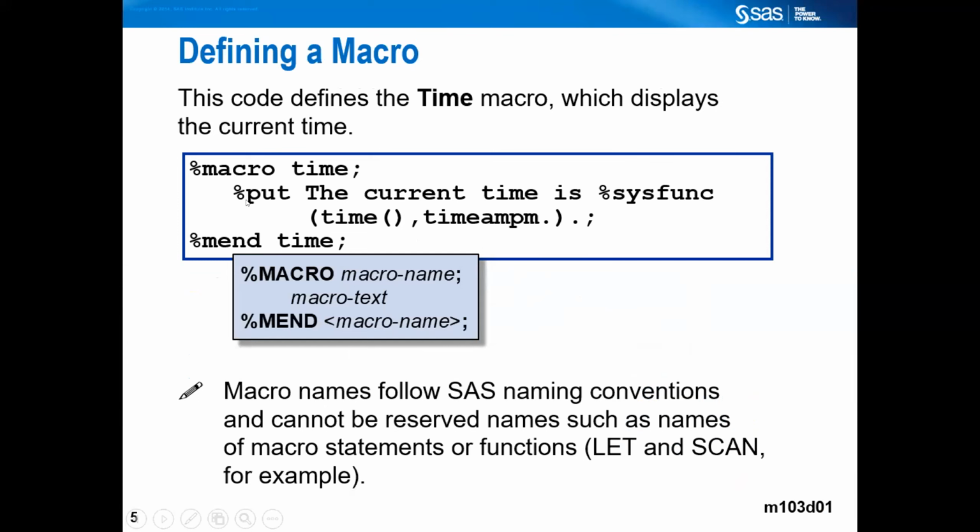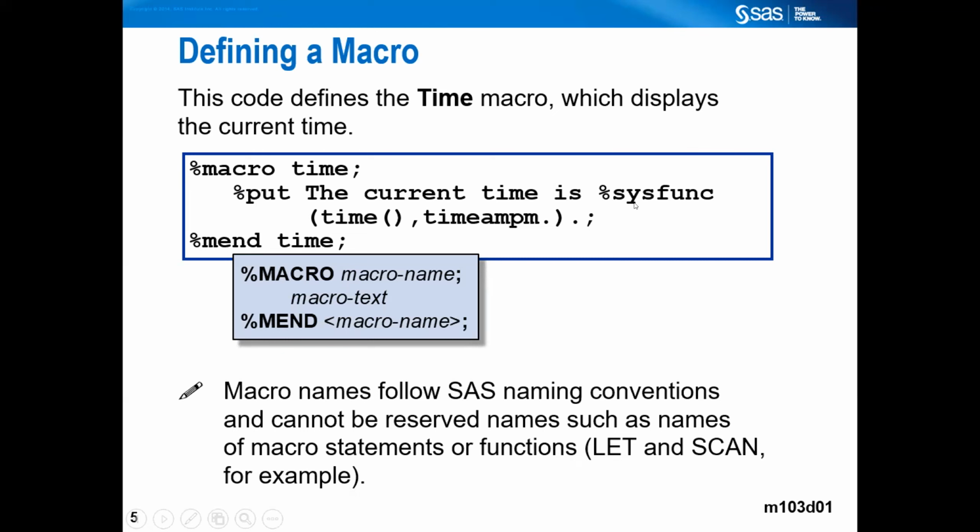Why is it a macro statement? Because it starts with a percent sign followed by a name token, hence %PUT. It's a statement which ends with a semicolon, and %PUT is a macro statement, hence this is saving a macro statement.